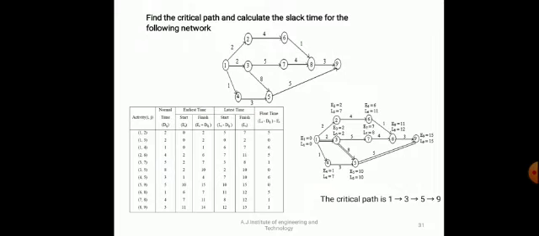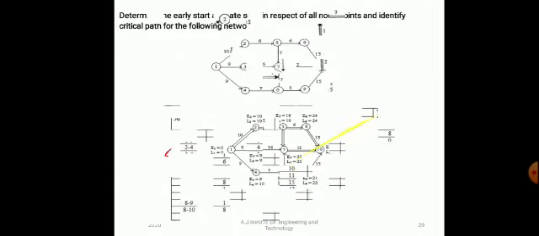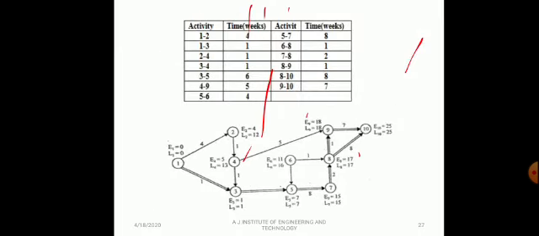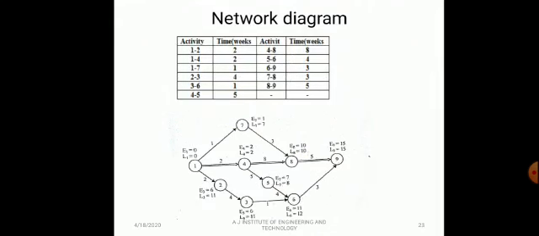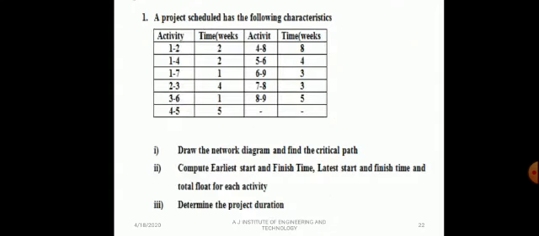Then only you calculate the slack times. These are the main types of problems they will ask in the exam: project durations, activities, and network diagrams. These are the main things.